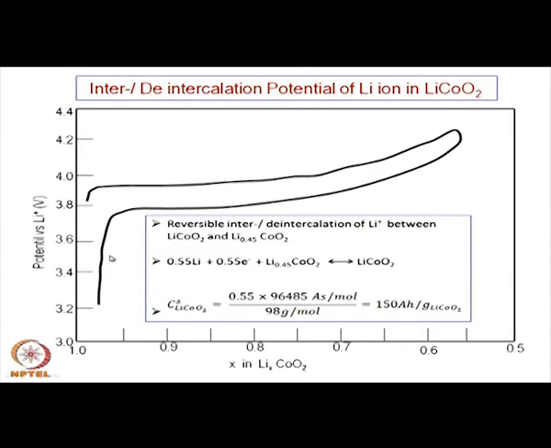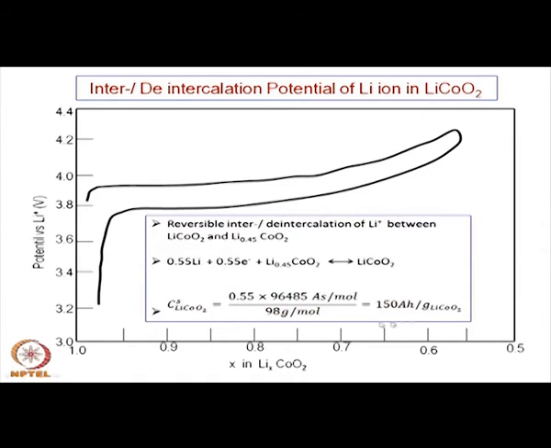So, this is an intercalation experiment which shows the intercalation or de-intercalation potential of lithium ion into the LiCoO2 structure. Of course, it should be Lix, one can also write Lix.